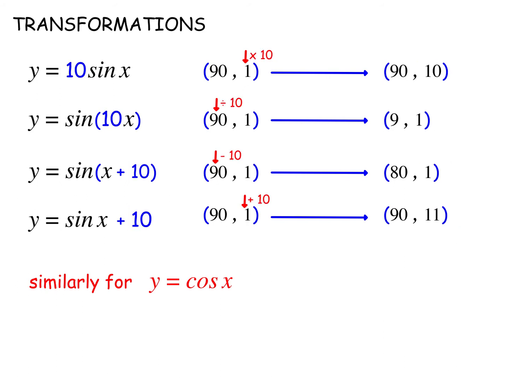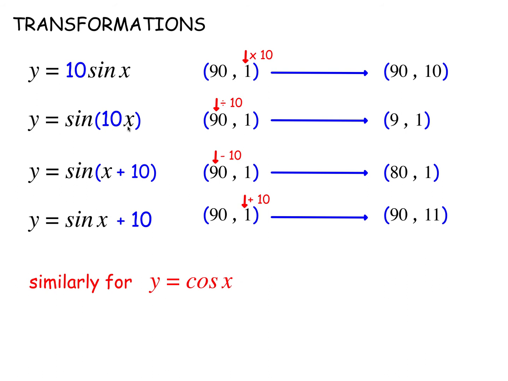To put numbers in their place to make it easier, when we carry out graph transformations to look for maximum values, we'd want to know (90, 1) for the maximum, (270, negative 1), how do they change? Well, here's (90, 1), the peak of the sine curve. If it's 10 sine x, 10 times the y coordinates. (90, 1) became (90, 10).